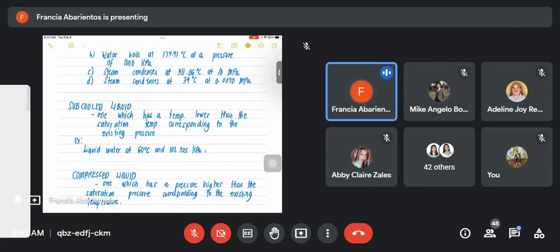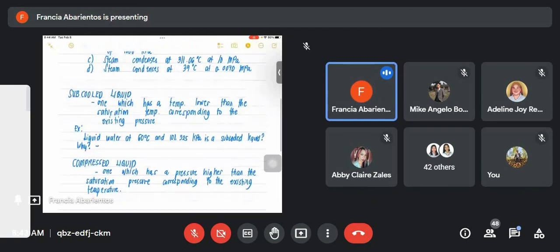Is this a subcooled liquid? Why? Go to your steam table.